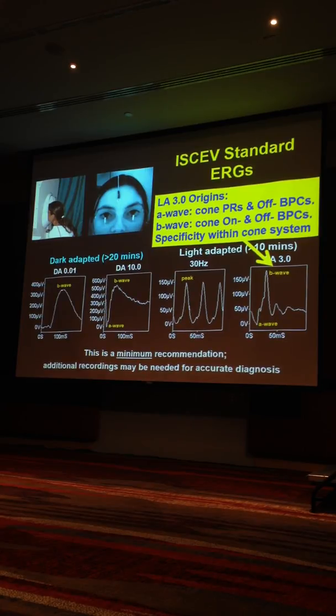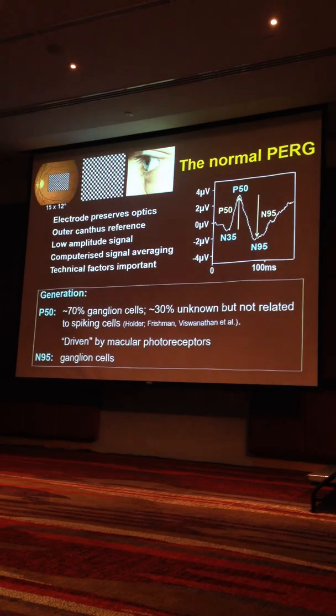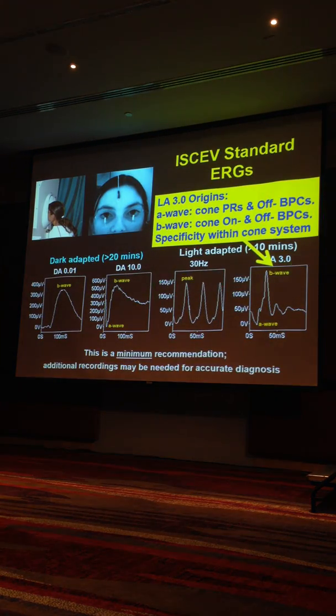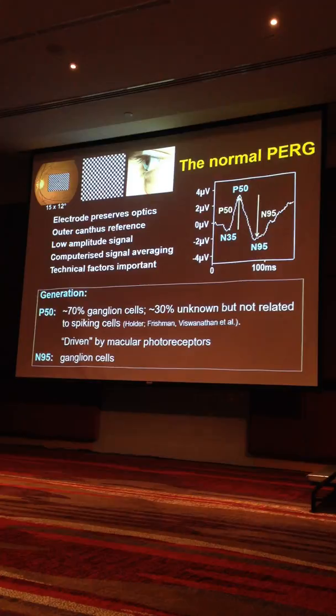The full-field ERG does not test the function of the macula, so we need something else to test the macula. We can use multifocal ERG, which is a luminance stimulus. Our preferred method at Moorfields is a pattern ERG, where we use a contrast stimulus. So we have a checkerboard which is reversing. Black squares become white squares become black. These are small signals. ERGs are hundreds of microvolts. Pattern ERGs are less than 20 microvolts.